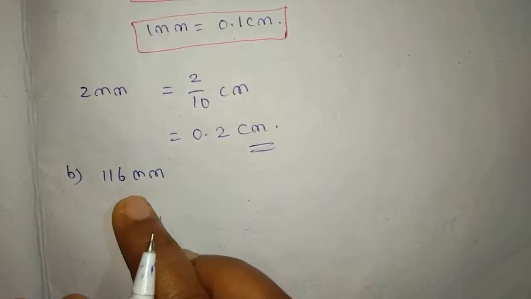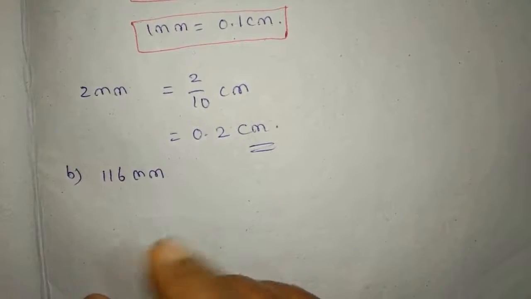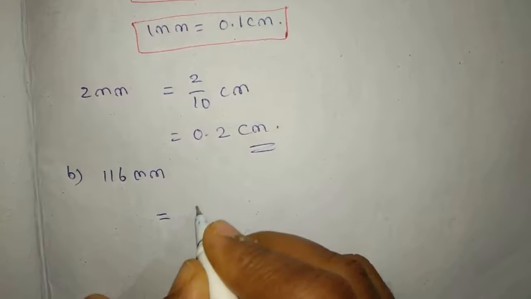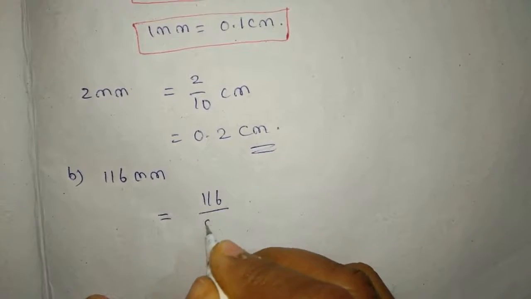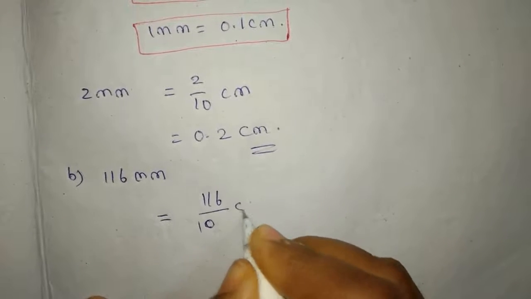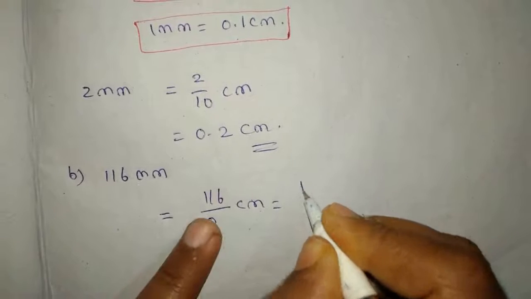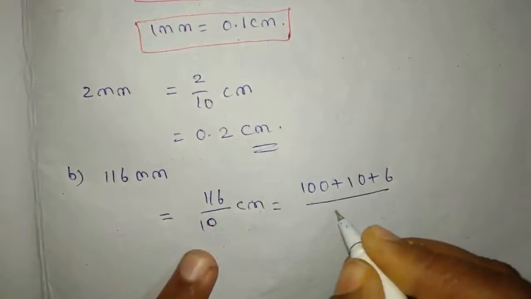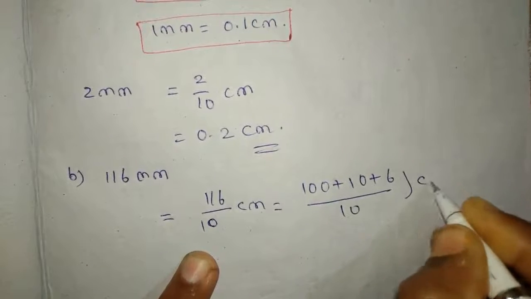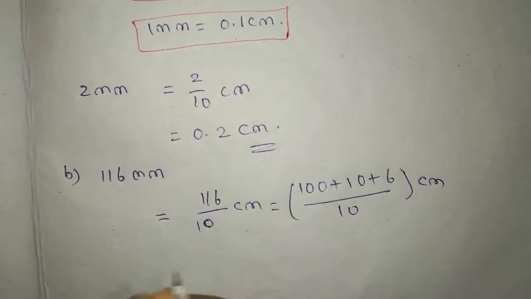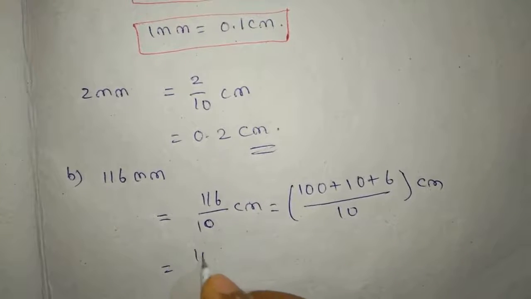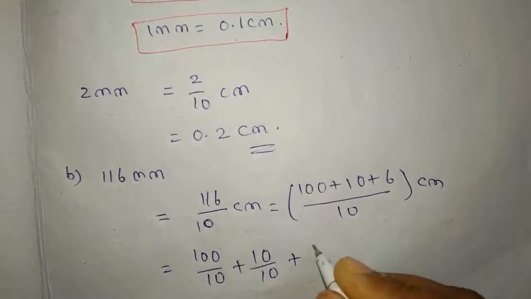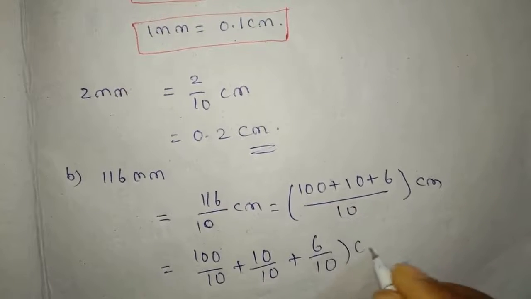Similarly, the second one, 116 mm. 116 mm is equal to 116 by 10 cm. 116 means 100 plus 10 plus 6, by 10 cm. That is equal to 100 by 10 plus 10 by 10 plus 6 by 10 cm.